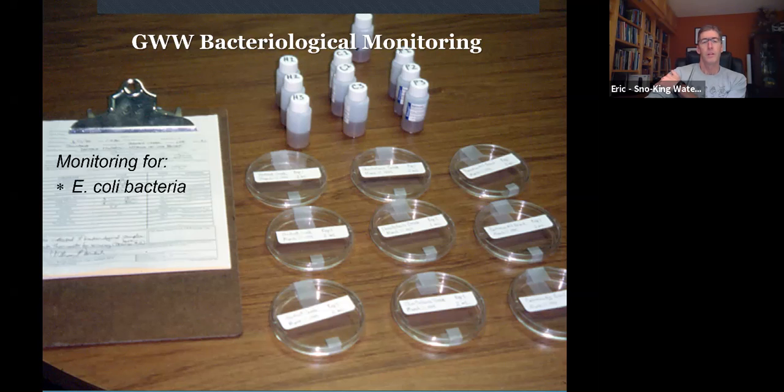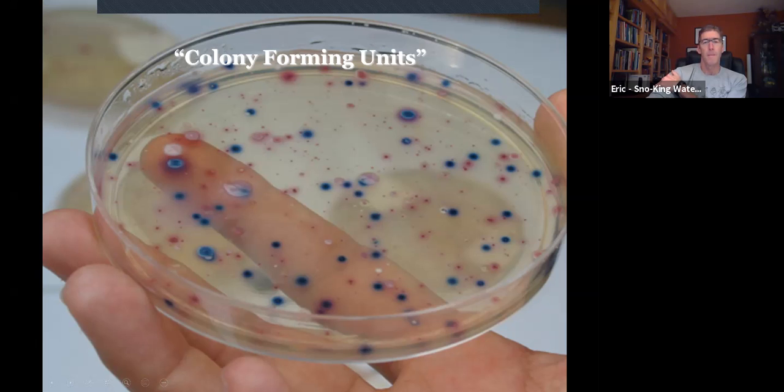So we're monitoring for E. coli and general coliform bacteria, and these are examples of what we're going to be using for our monitoring. When we talk about how we measure bacteria, we measure it in terms of colony forming units, abbreviated CFUs.